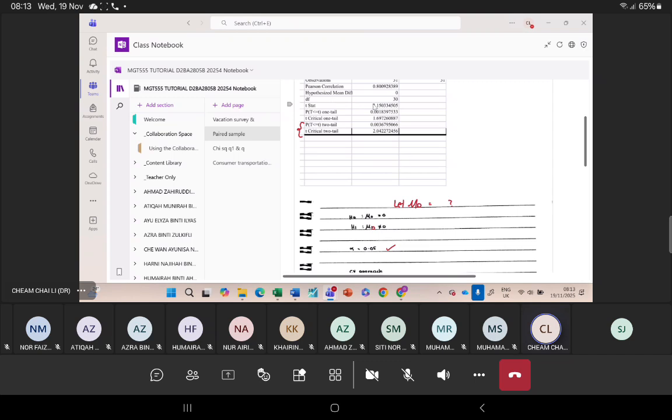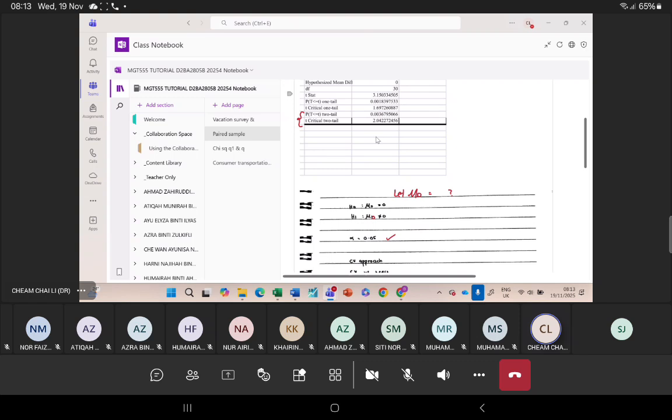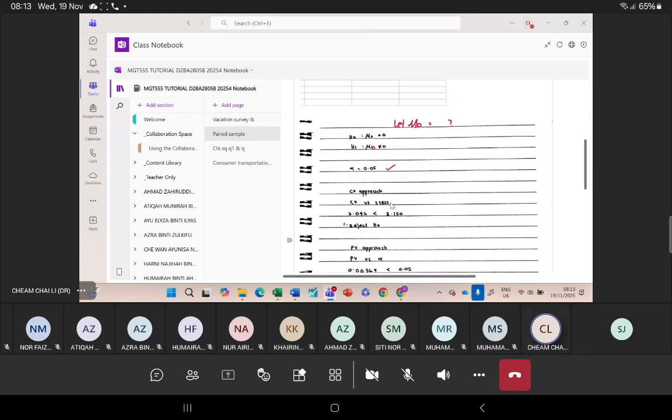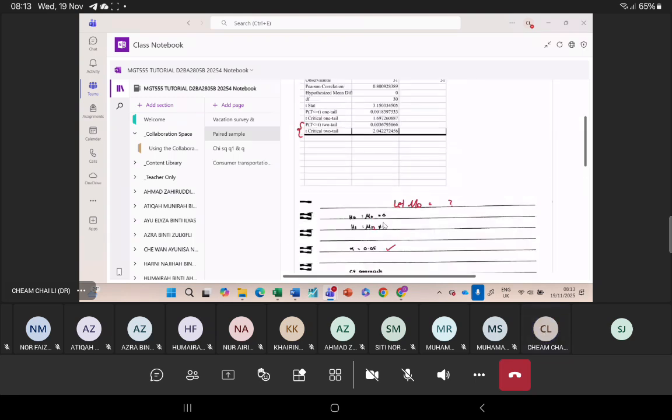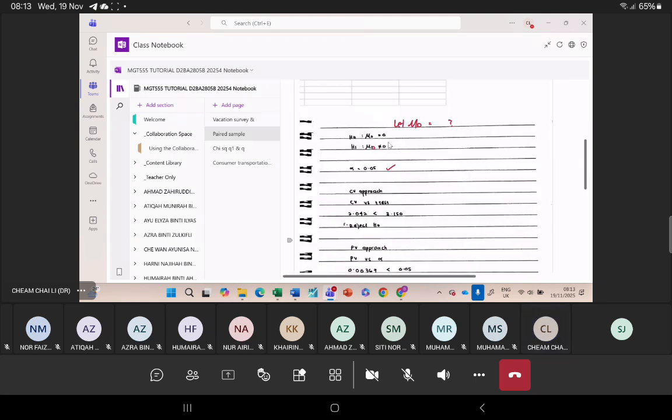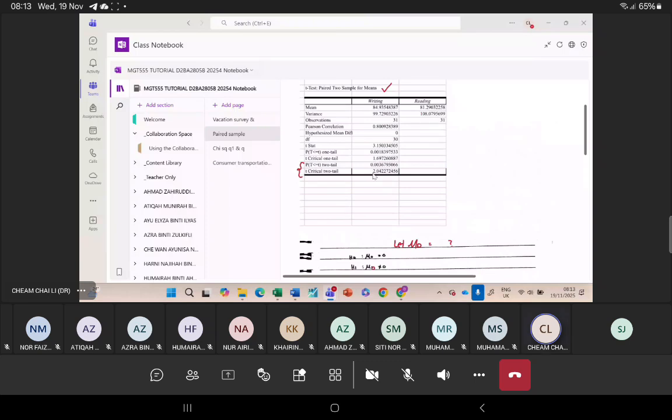And from this t-test, you compare with the critical value, so your decision is reject H0, right? Since your critical value is less than the test statistic, so the decision is reject H0. As for the p-value, you refer to this, your p-value compared with alpha.